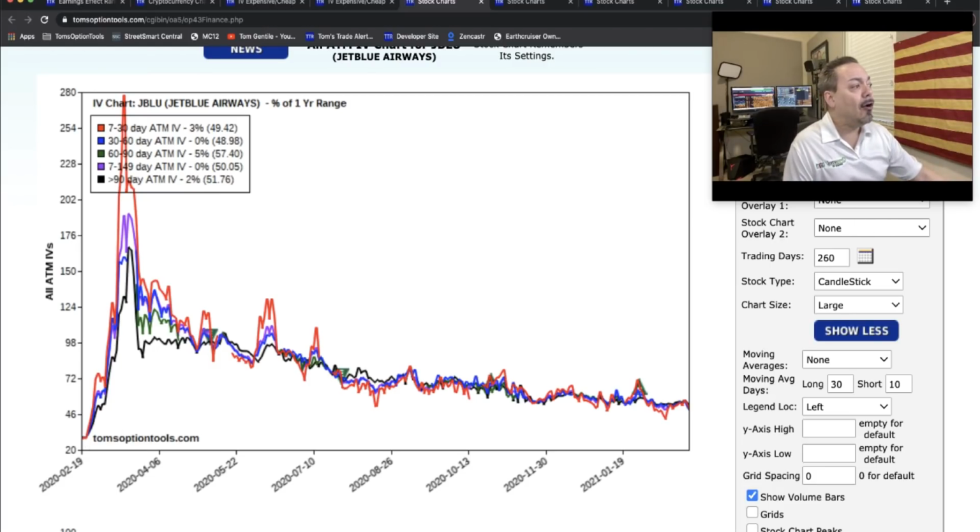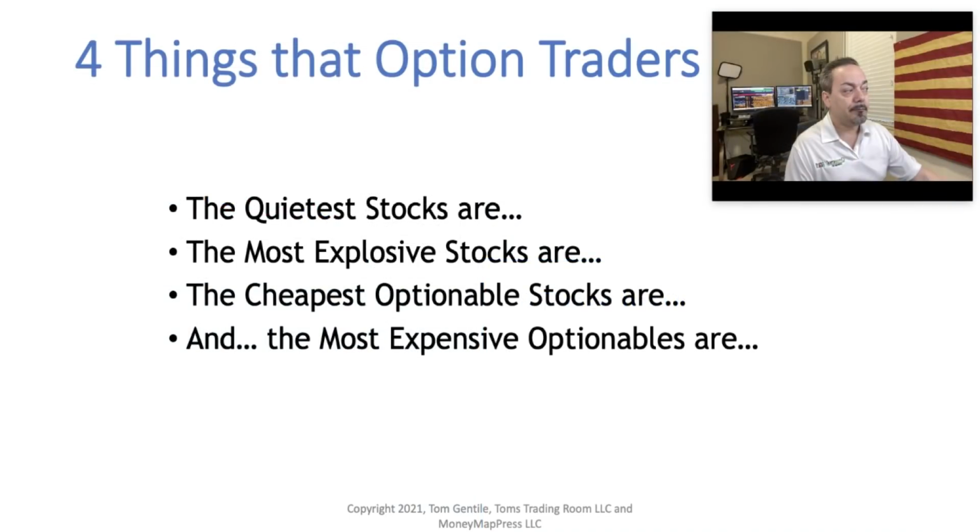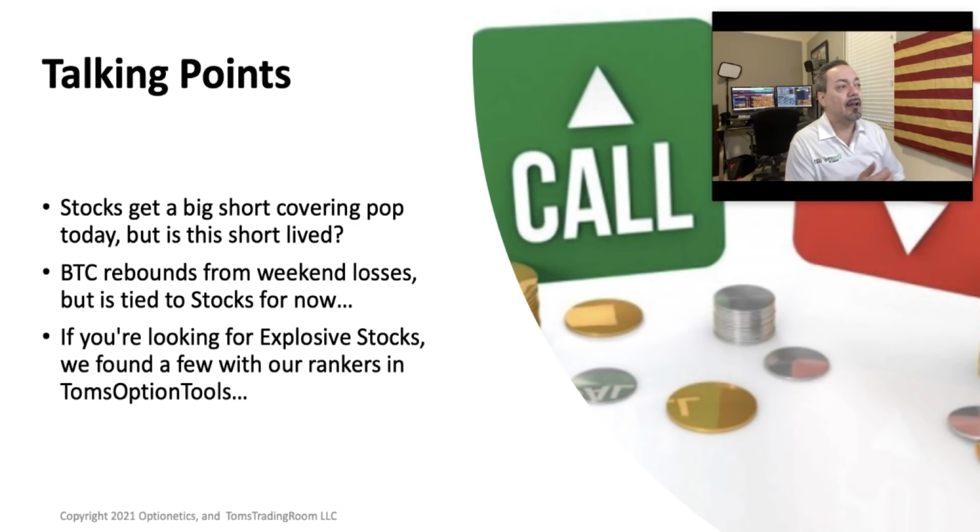So when you add all this stuff up, guys, and you look at what's happening with the markets this week, talking points really were coming at the beginning of the week is that we had stocks that are giving that short covering pop. But is this short-lived? We know that BTC continues to rebound from its weekend losses, but it is tied to stocks right now. So as the stock market's moving higher, Bitcoin and Ethereum and their counterparts are also moving higher.